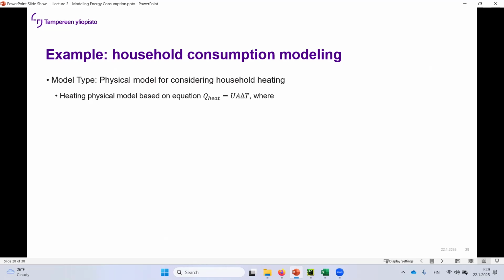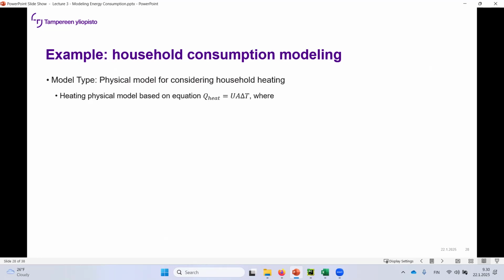So Q equals UA delta T. What that means is I'm going to be able to determine based on the data set what this UA value is for 1 year, and I'm going to be using that for the next one.